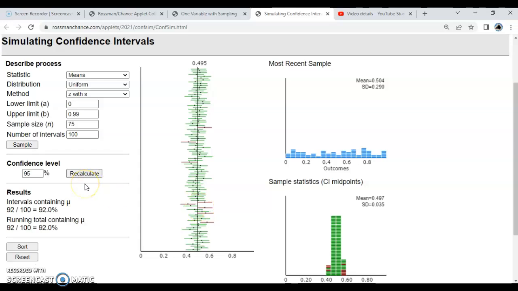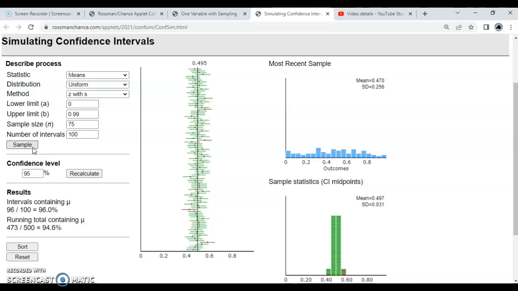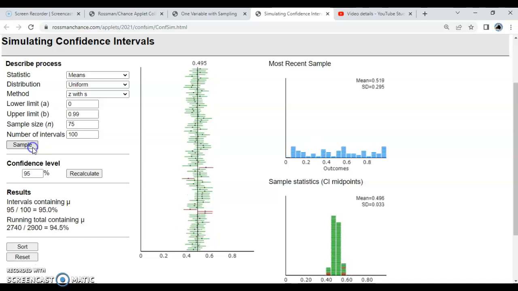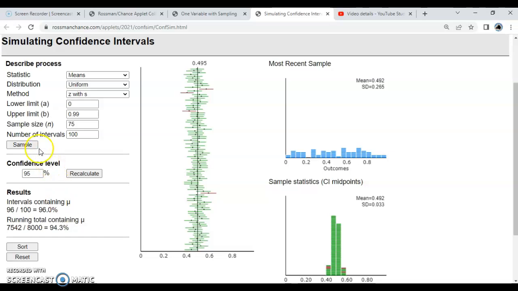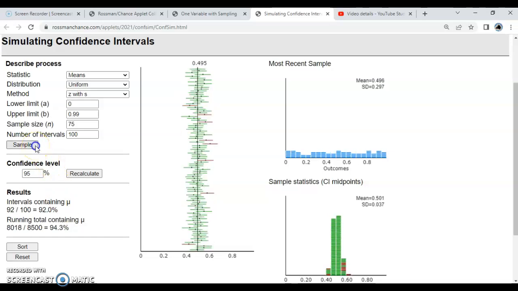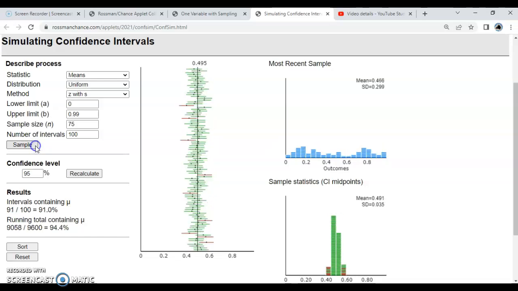However, in the long run, what happens? We continue to sample here. Notice how this number, the running total, is actually getting a little farther away from 95%. It's actually approaching about 94%.